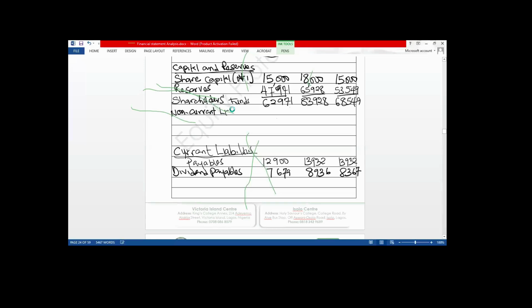Non-current liabilities. We have existing debentures, 15% debentures. The value is 15,000 naira in 2017. These debentures have been existing in 2017.